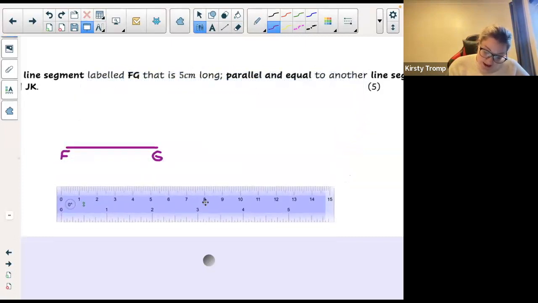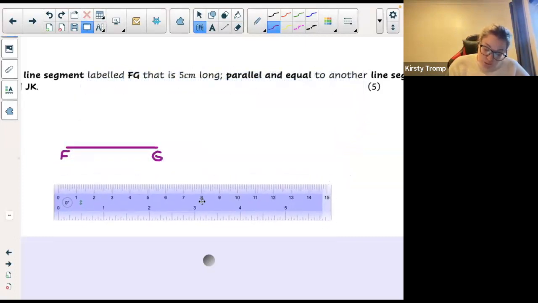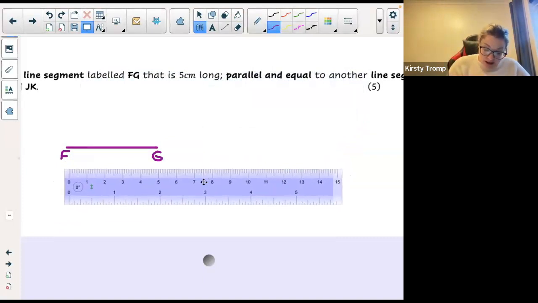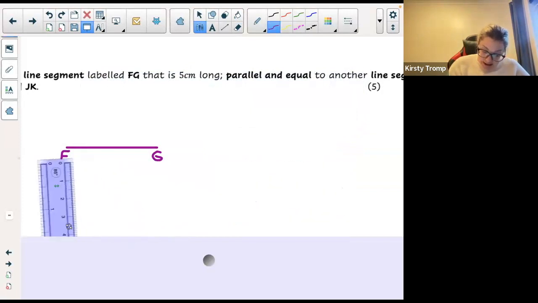Now, if I'm really good, I won't move my ruler. I'll leave my ruler exactly where he is. But another way I can do it is exactly what we were doing before: turn my ruler around, measure. So I'm going to measure here and make marks.